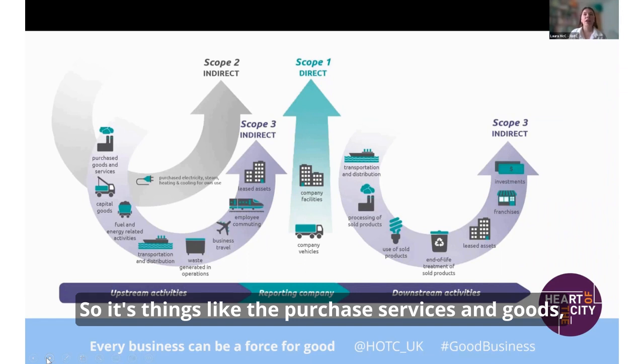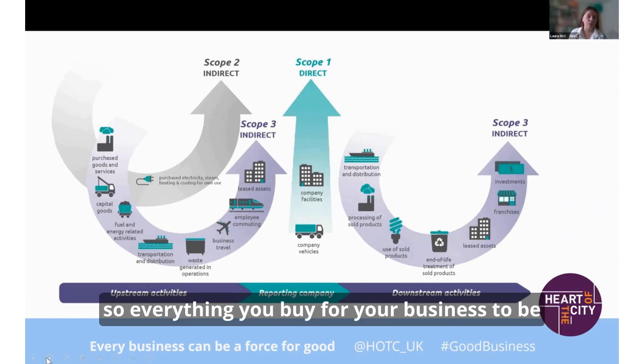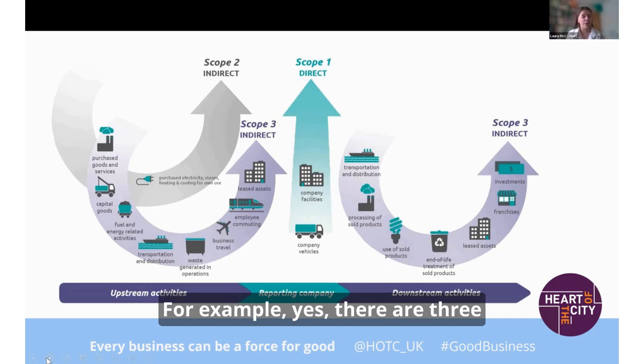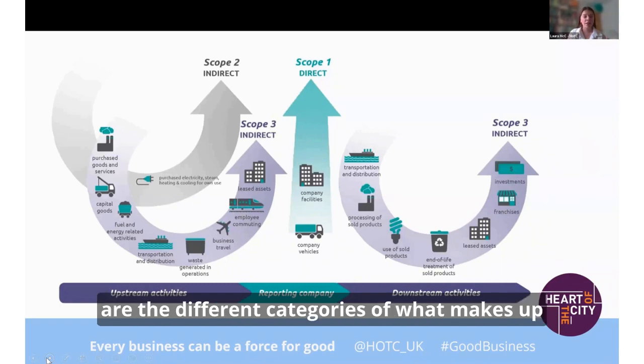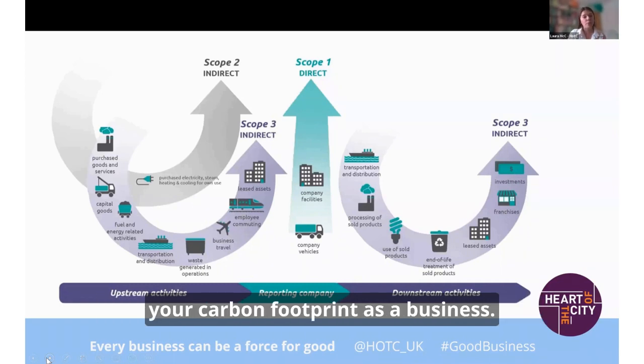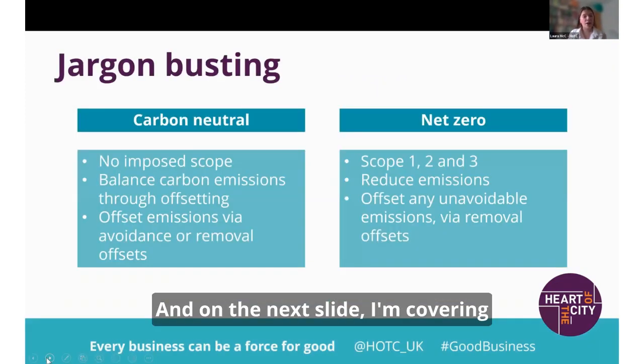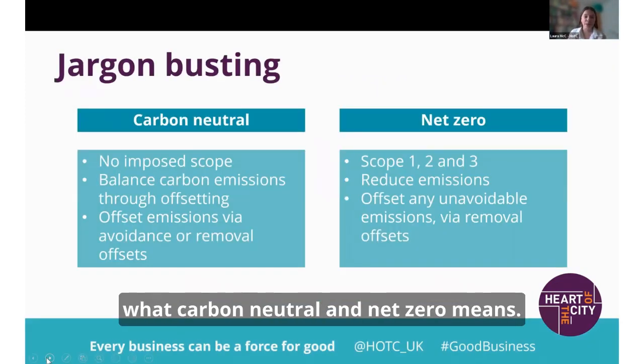So it's things like the purchased services and goods, so everything you buy for your business to be able to operate, your employees commuting in so that they can get your product and service ready to sell, and the waste that you produce, for example. Those are 3 examples of your scope 3 emissions. So scope 1, 2 and 3 are the different categories of what makes up your carbon footprint as a business. And on the next slide, I'm covering what carbon neutral and net zero means.